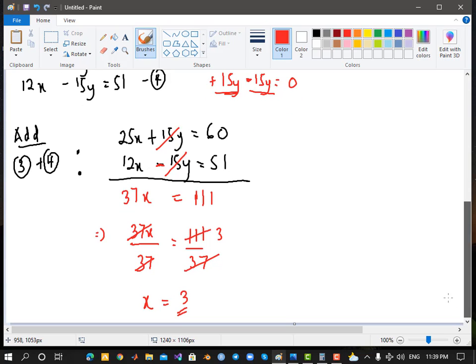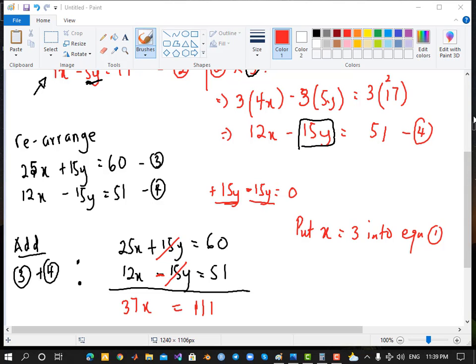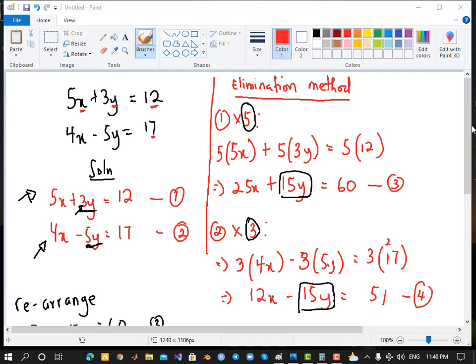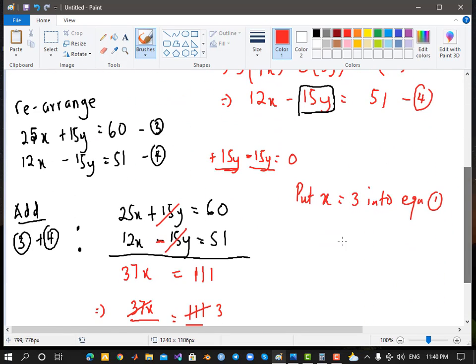We've gotten our x as 3 because we eliminated y. Now we are going to put x equal to 3 into equation 1. Our equation 1 is what? 5x plus 3y equals 12, where x is equal to 3.